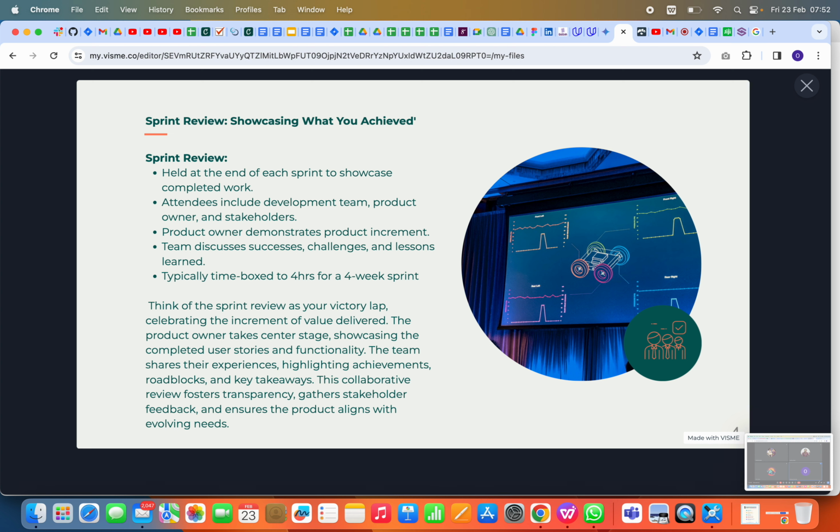Is there any aid for the meeting, or do we need to do the meeting along with the manager? You cannot do the meeting alone. If I got your question right, it has to be with the stakeholders, the development team, the product owner, and the Scrum Master, everybody coming together to inspect your work.